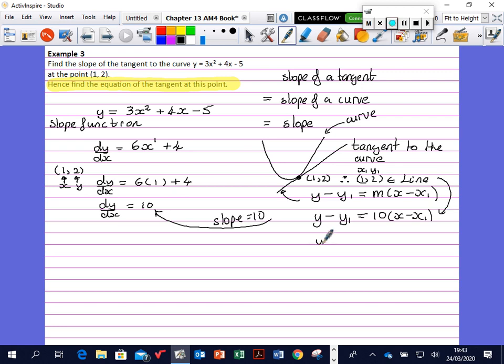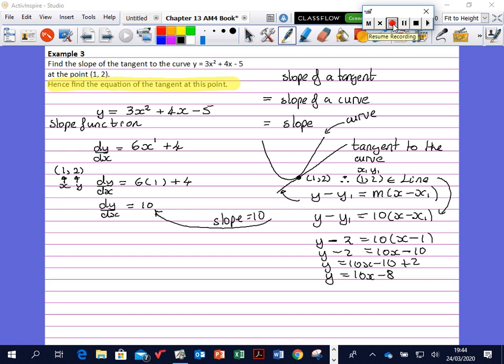So we've now got y minus 2 is equal to 10 times x minus 1. Then when we tidy this up, y minus 2 equals 10x minus 10. Bring the minus 2 over, becomes a plus 2. So y is equal to 10x minus 10 plus 2, which is minus 8.